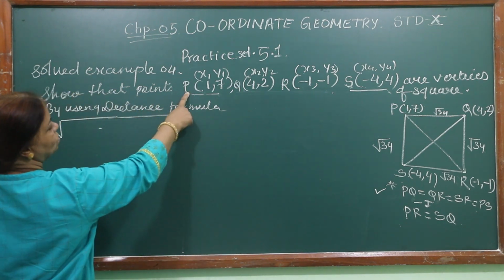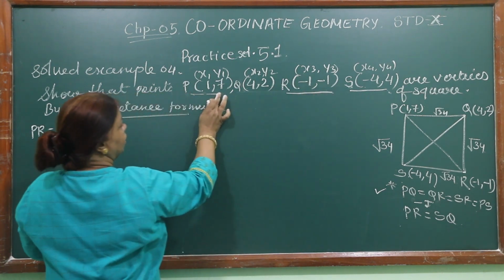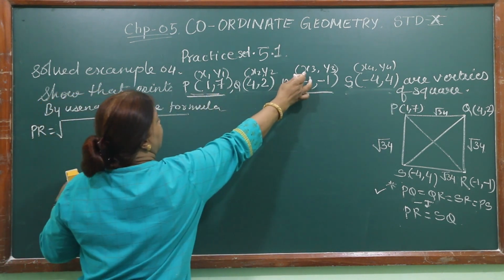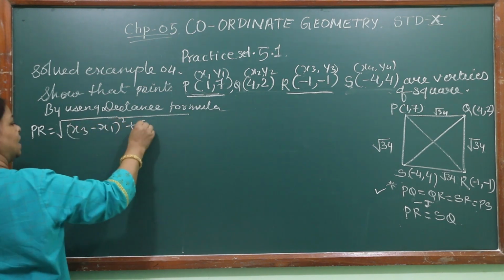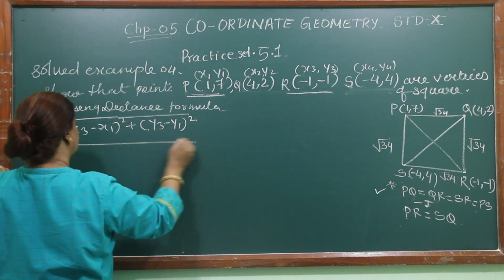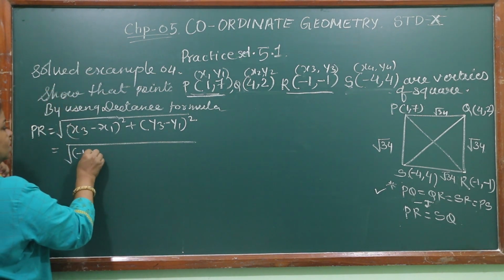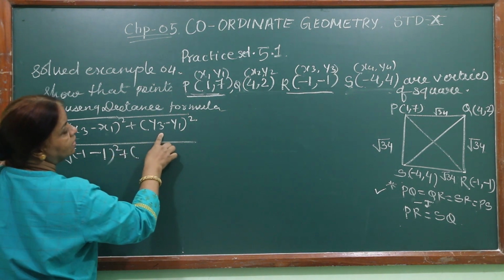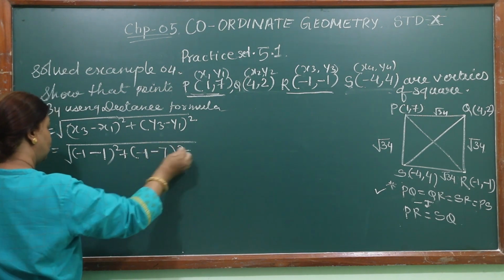What is P? X1, and R? X3. So we need to discuss these 2 points, P and R. X3 minus X1 the whole square plus Y3 minus Y1 the whole square. What are we getting now? X3 value is minus 1 minus X1 is 1 the whole square plus Y3 is minus 1 minus Y1 is 7 the whole square.